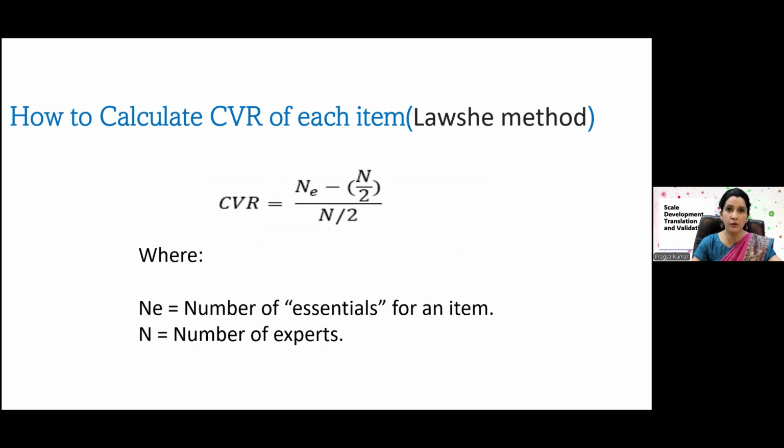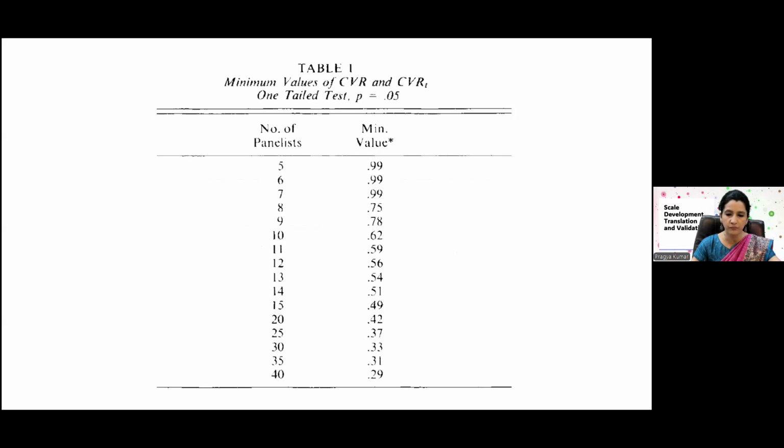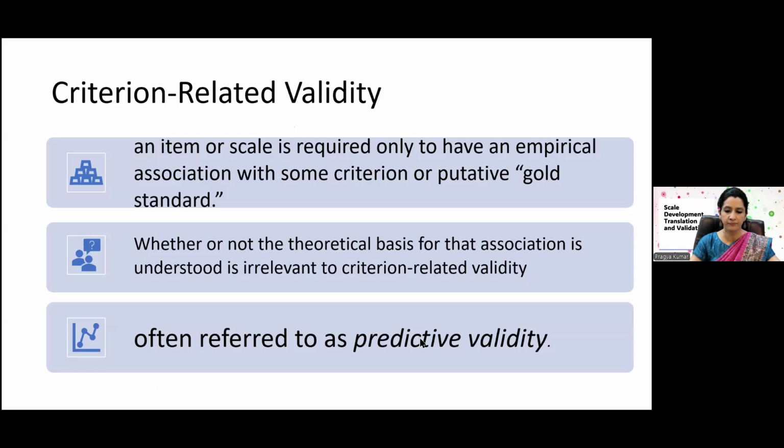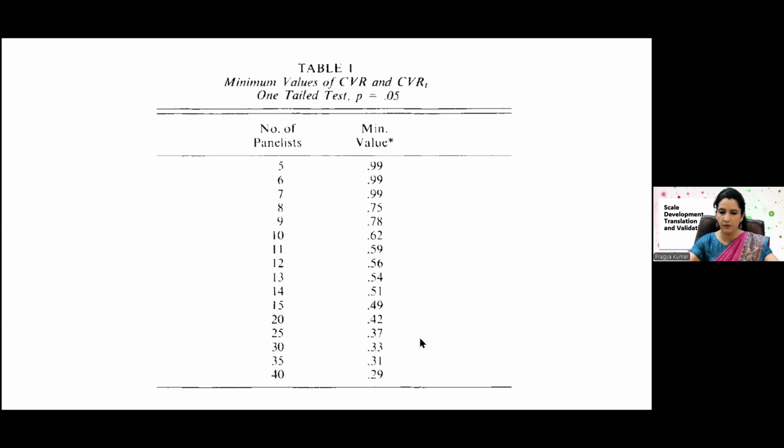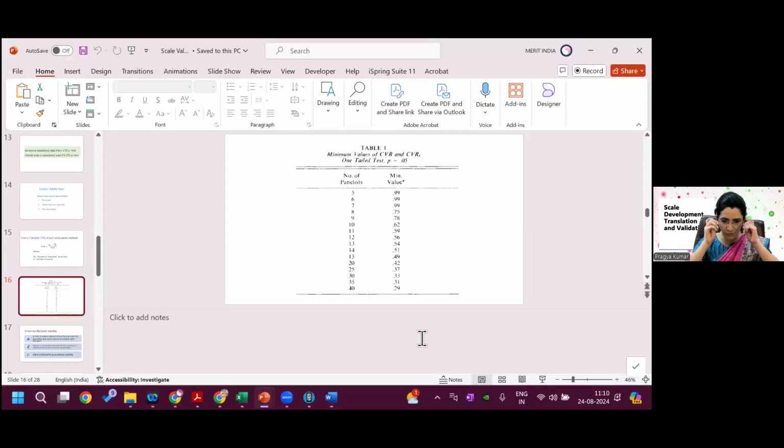In the denominator also it is n by 2. And Lawshe has given the minimum permissible value. So if the number of panelists is 5, the minimum value is 0.99. And you see, if you increase the number of experts, the acceptable value is less, 0.5, 0.49, and so on. So we'll see the content validity on your data set, how to do that.